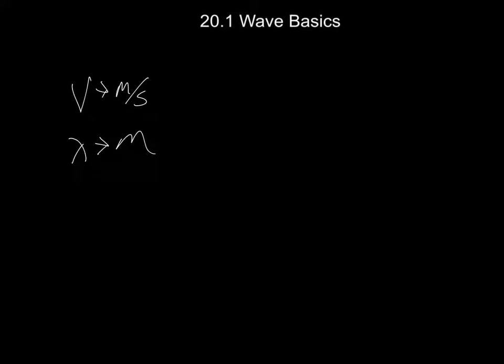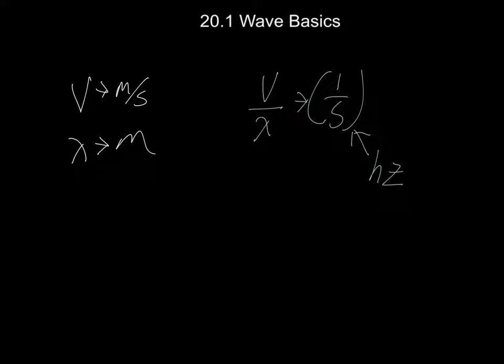Well, if we look at our units, we have meters per second, and then we have meters. So if we take velocity and divide it by our wavelength, this is going to give us something in units of 1/seconds. Who remembers what that is? That's right, the unit for 1/seconds is hertz. And if you remember, when we were measuring the amount of hertz that something had, or the number of cycles in a second, that was called the frequency.